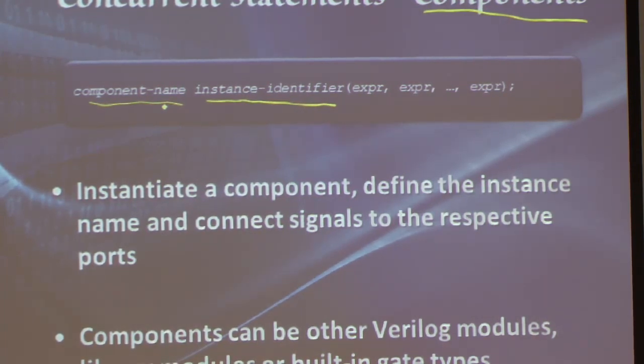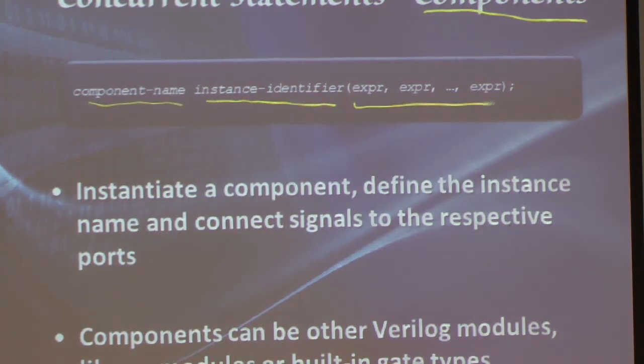It's important to give them different names because if you have a mistake somewhere, and the compiler needs to give you an error message, it's better if it tells you, hey, you screwed up in AND gate number 5, which is the instance identifier, rather than there's a problem with your AND gate. If you have 80, you can still figure it out. If you have 8,000 gates, then go figure out which one of them is the problematic one.